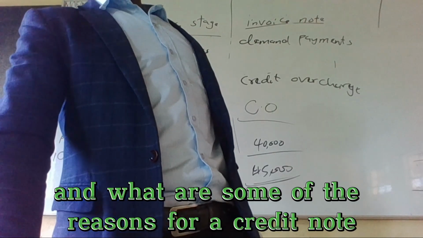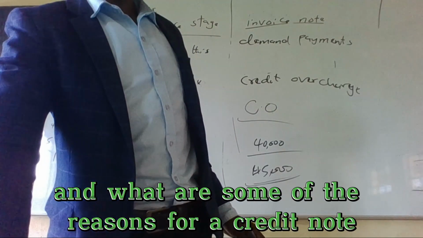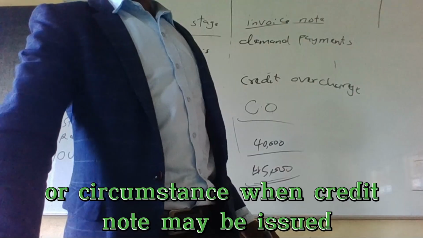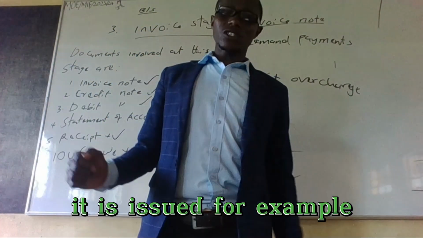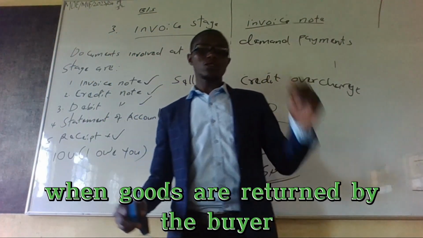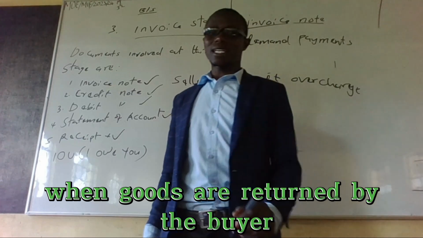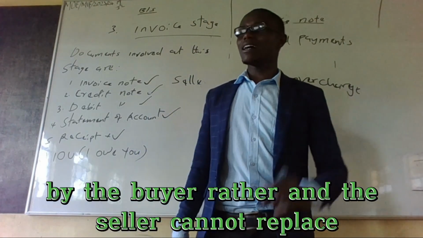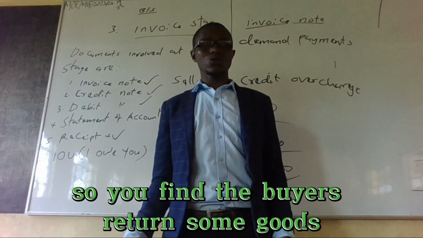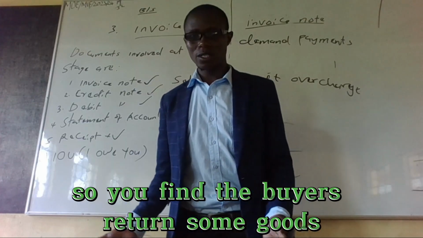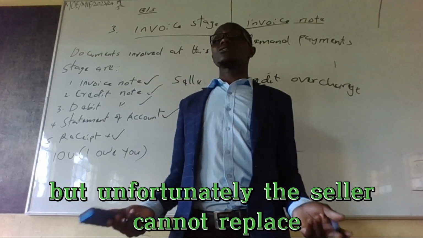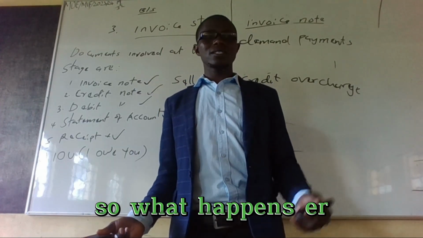And what are some of the reasons for a credit note, or circumstances when a credit note may be issued? It is issued, for example, when goods are returned by the buyer and the seller cannot replace them.